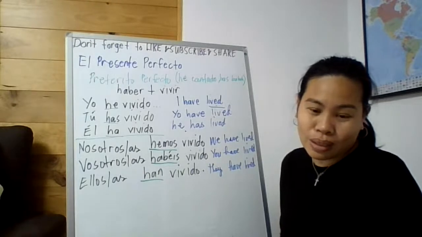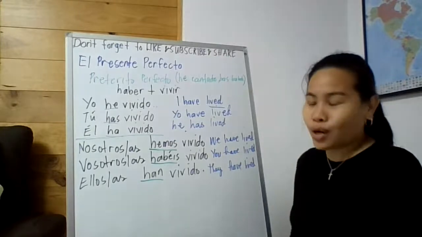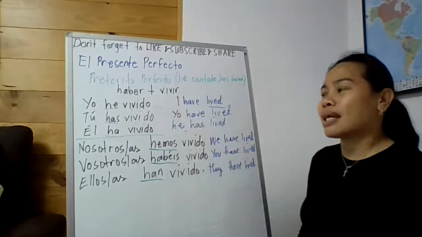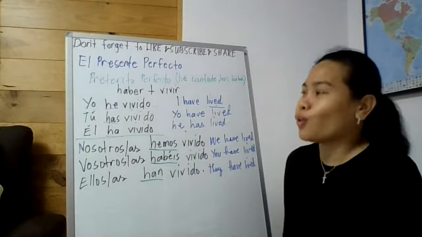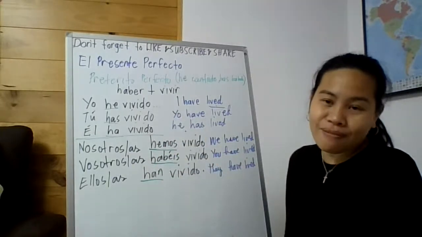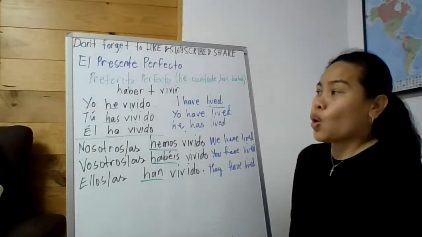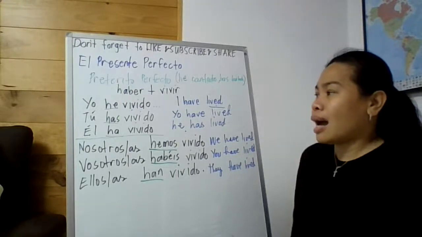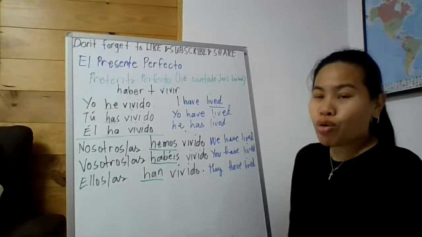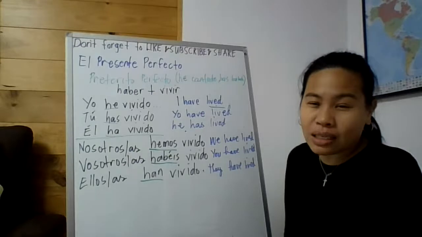So, that is how we are going to use el presente perfecto. He vivido en Filipinas. I have lived in the Philippines, for example. O he hablado con mi amigo. I have talked to my friend.